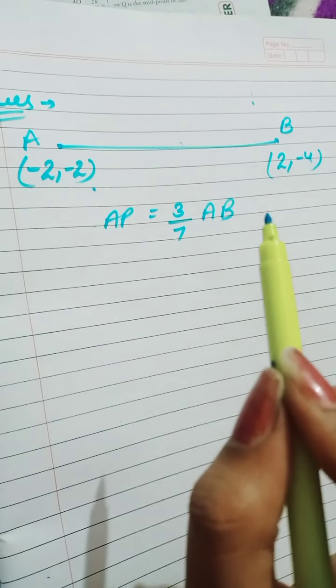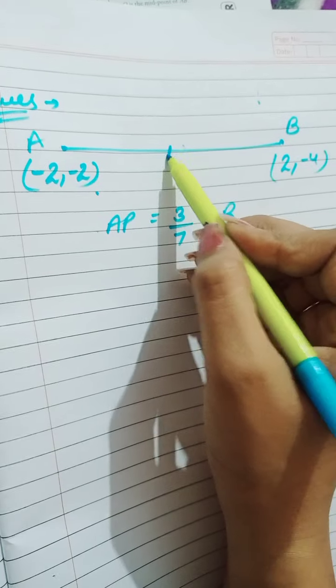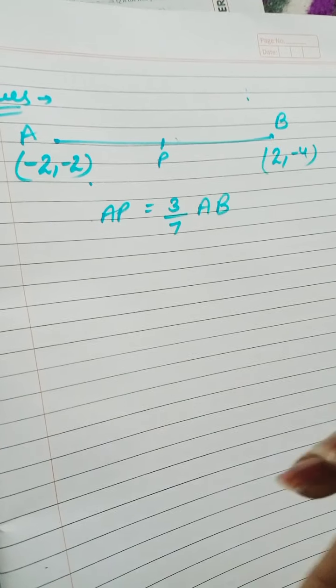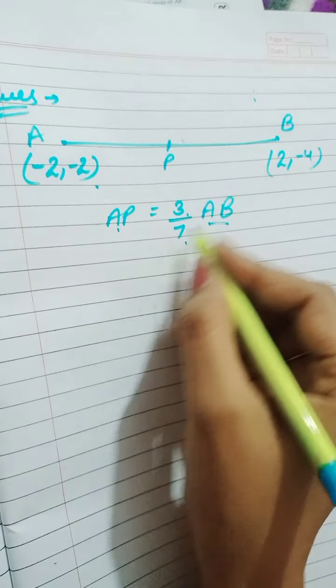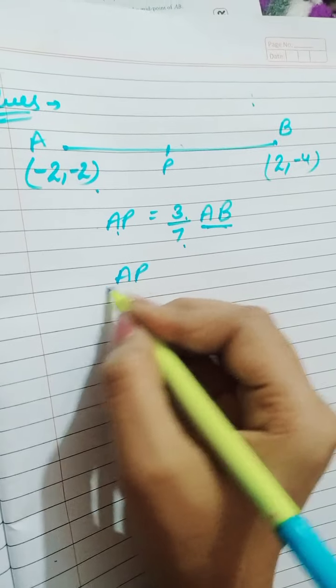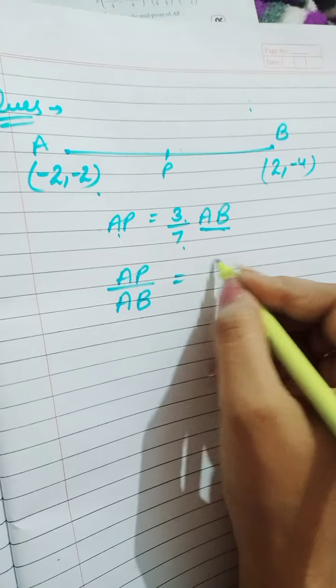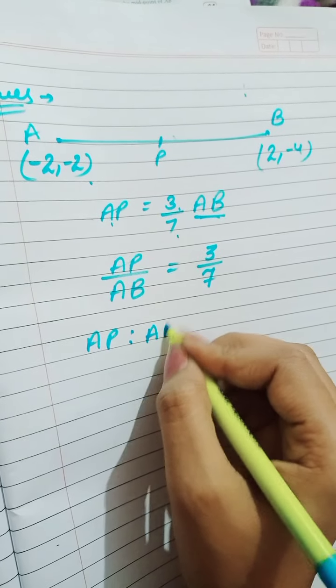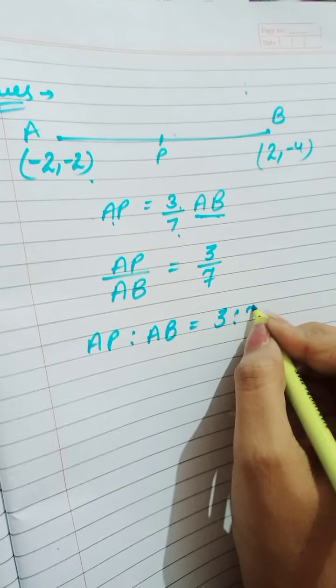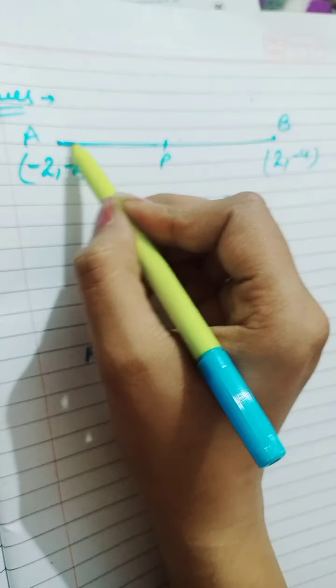This type of question can also come in your exam. So you can take P over here. And what's the ratio? AP is 3 by 7 of AB, so AB will go to that side and AP by AB becomes 3 by 7. So AP ratio AB would be 3 ratio 7, so AP is 3 and AB is 7.